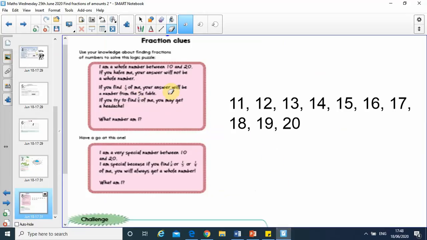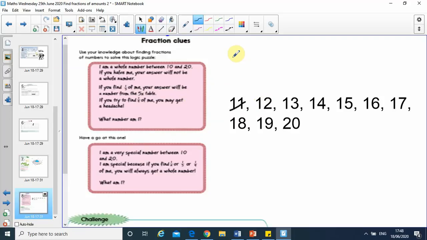If you find 1/3 of me, it will be an answer from the 5 times table. So straight away I know that if I do 1/3 of 11, if I split 11 into 3, it's not going to be a number from my 5 times table. 12, is that in my 5 times table if I find 1/3 of it?